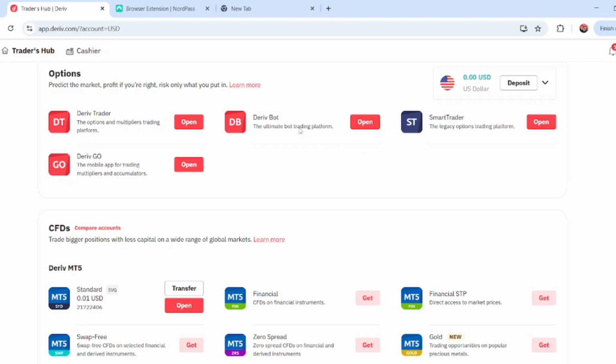If I want to trade a bot, I'm going to open my Deriv Bot, right? If I want to also trade options trading, you know, options trading is the one that takes highs and lows, we also have Deriv Go. Then under MT5, I also have a zero balance. I haven't deposited anything yet since this year. So this is the MT5 which we have.